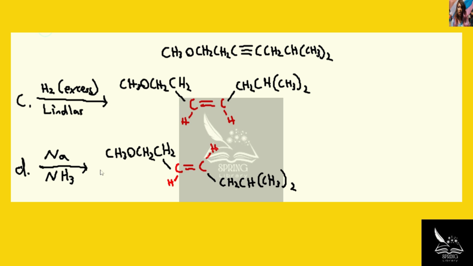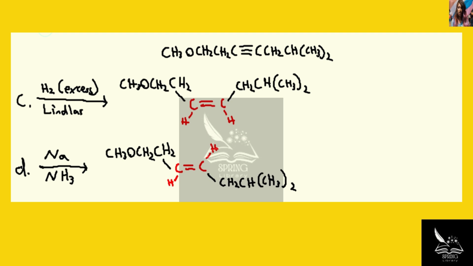And then for D, we're asked to do a dissolving metal reduction. So that's sodium metal in liquid ammonia. And remember, this is complementary to Lindlar's catalyst because this set of reagents is going to give us the trans alkene product.